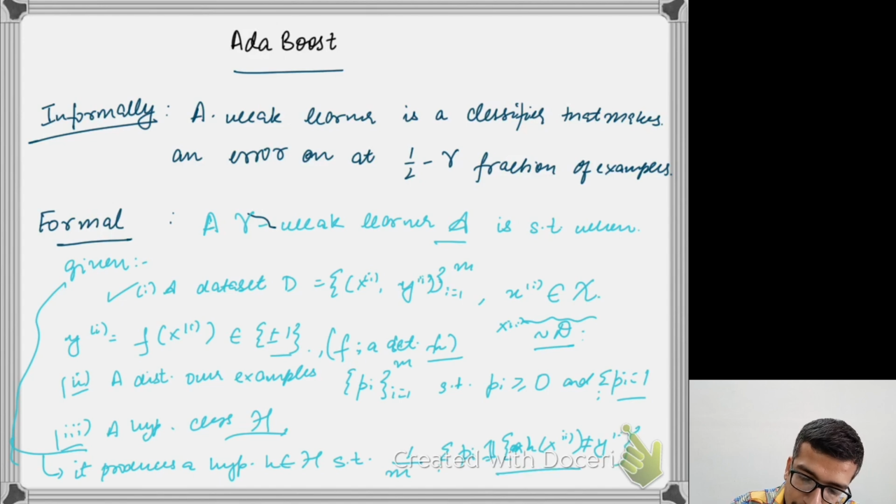So this misclassification rate is upper bounded by half minus gamma. This is the guarantee which it is producing.